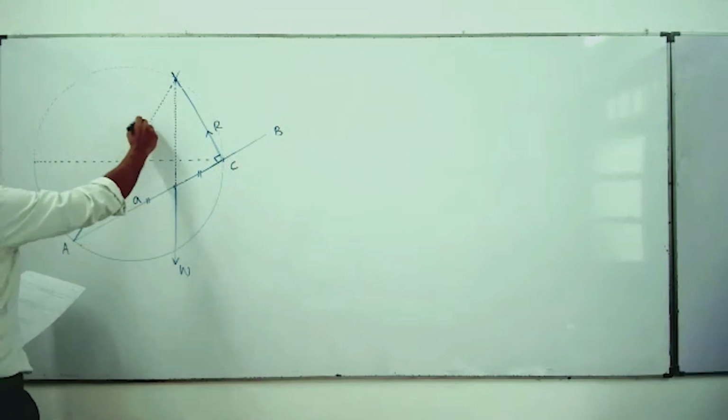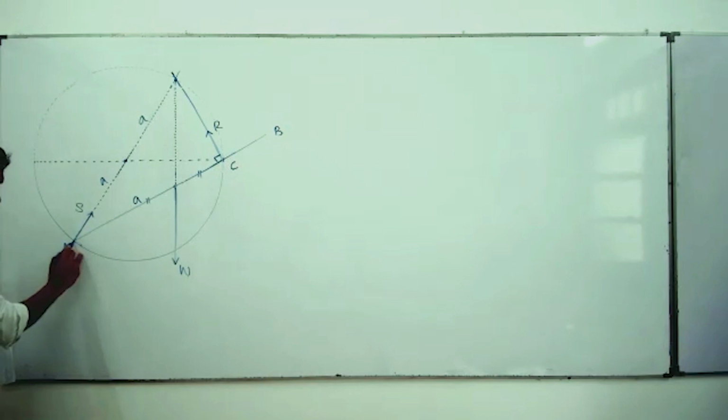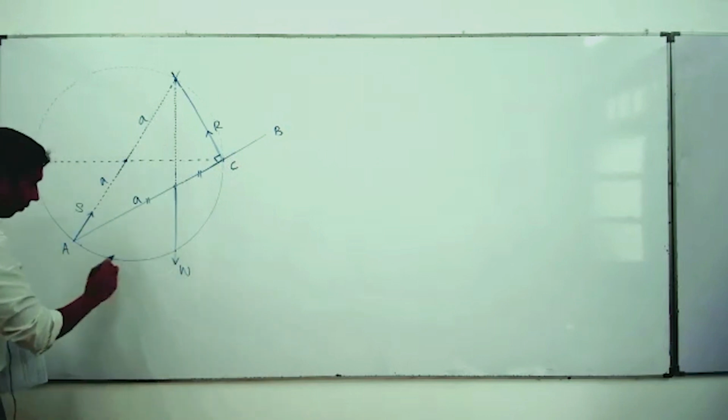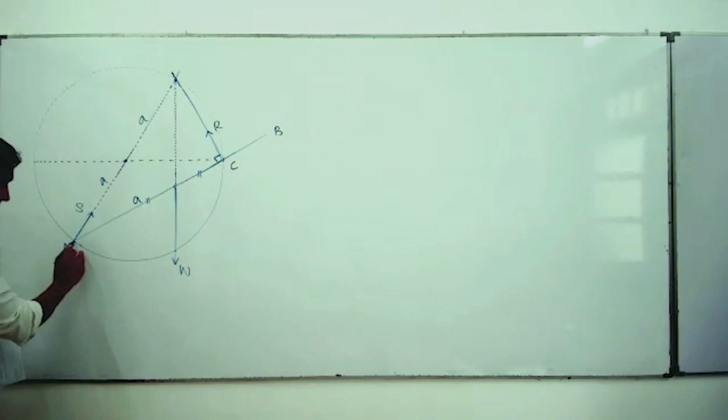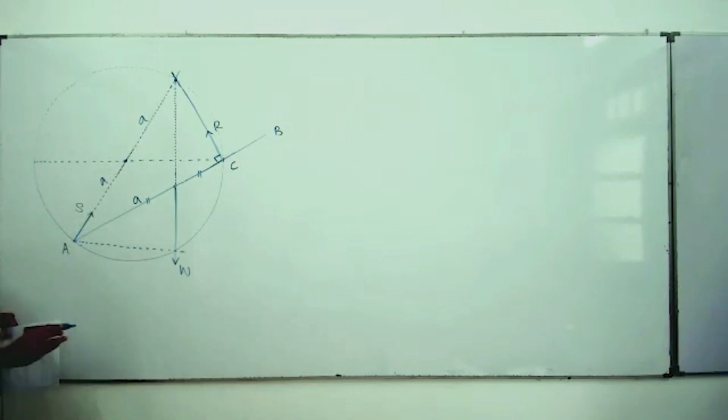The radius of the bowl is simply a, the diameter 2a. Then when we draw a horizontal line here, that line should definitely pass through this point. This way. That's the geometry.